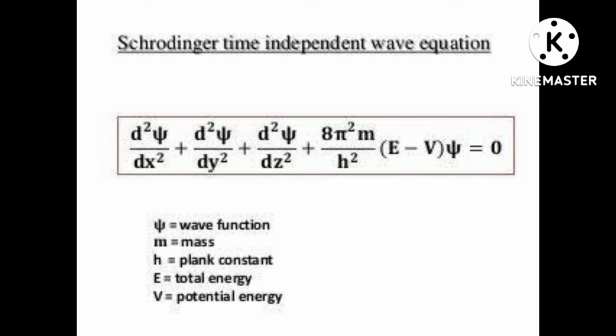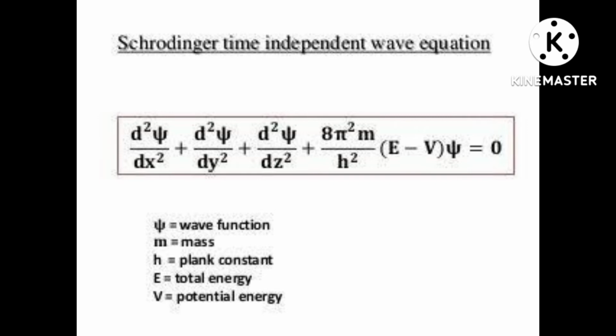Now I am telling you what an orbital is. I told you electrons are always moving, and where exactly it is, is very difficult to tell. So we talk about probability in three-dimensional space.